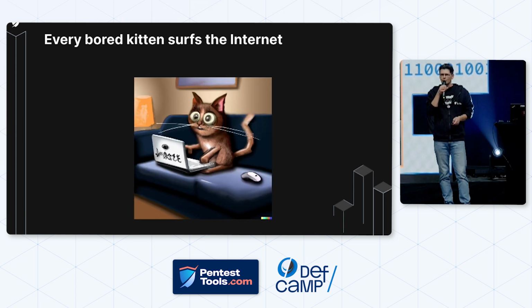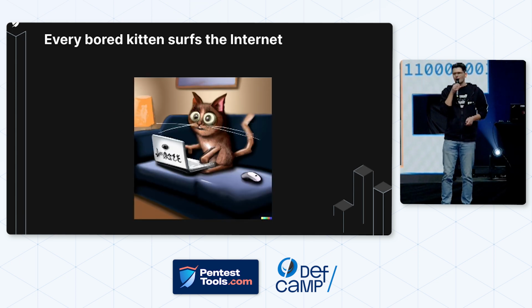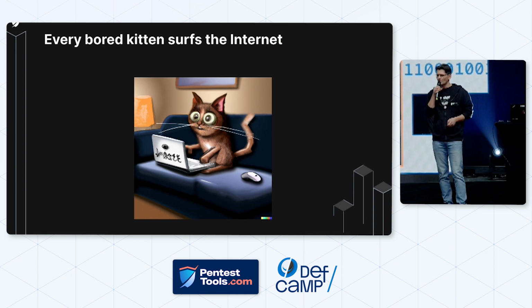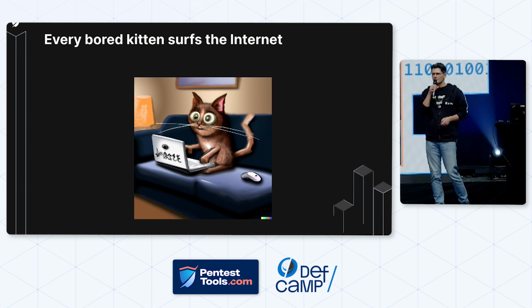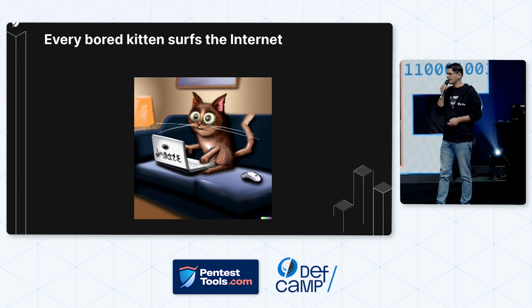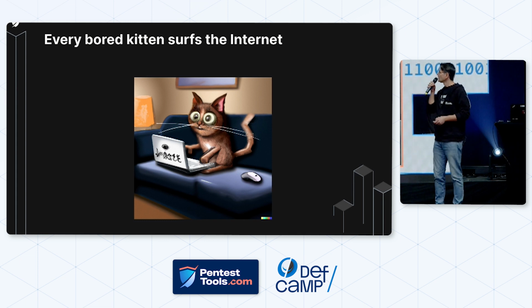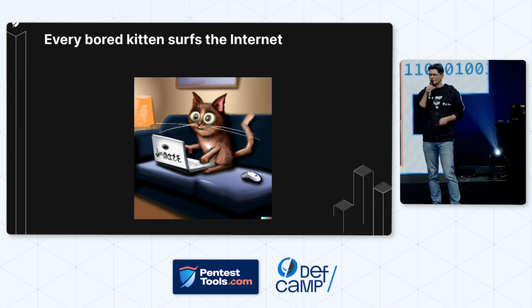It all began on a warm summer day when our Kitten, who is the main character of this talk, was bored to death. So what does every bored kitten do? It scrolls the internet and sees what's new.